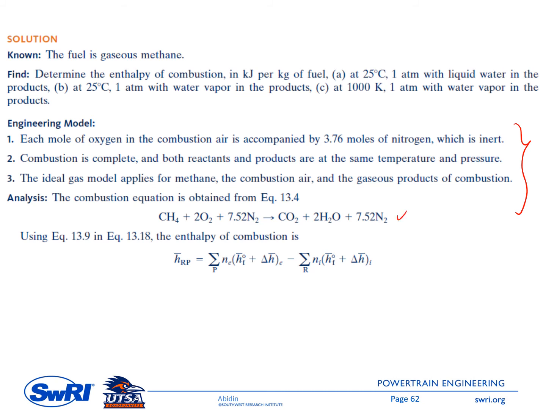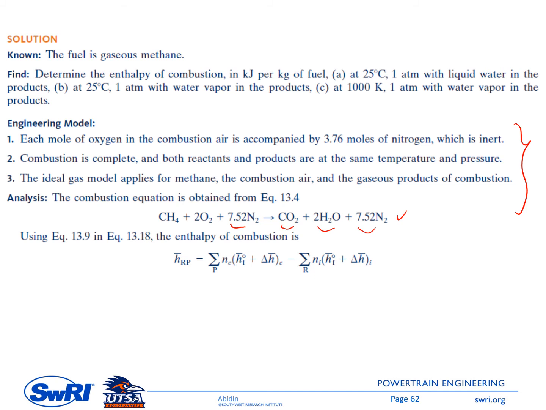And this is the stoichiometric combustion for methane. For 1 mole of methane, it requires 2 moles of oxygen and then 7.52 moles of nitrogen. In the product, we have 1 mole CO2, 2 moles H2O, and 7.52 N2.